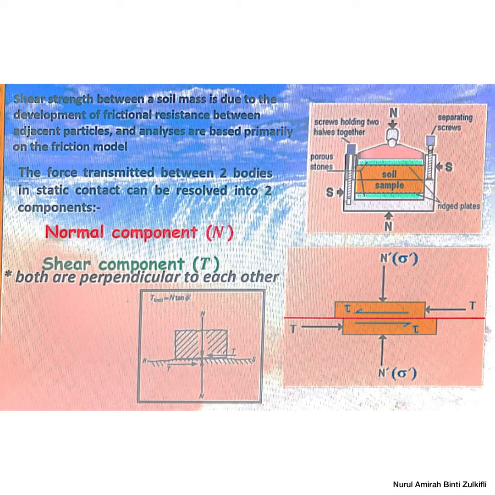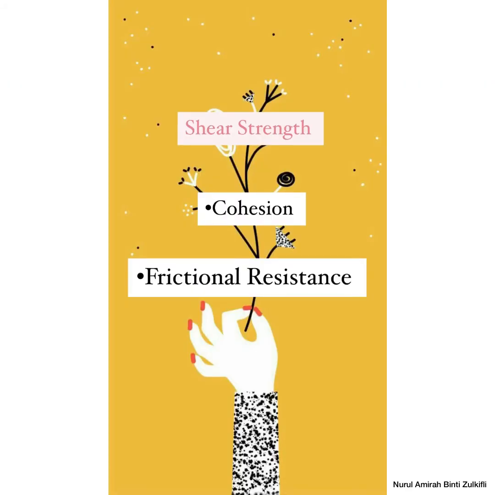As we know, the shear components are perpendicular to each other. Both are perpendicular to each other. The same goes for this example. Next, soil shear strength is derived from two sources: cohesion and frictional resistance. Cohesion is between particles, a stress independent component, such as cementation between sand grains and electrostatic attraction between clay particles.